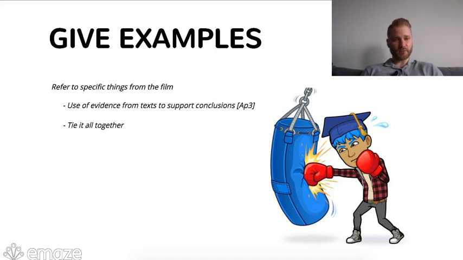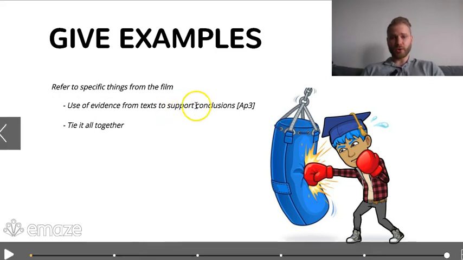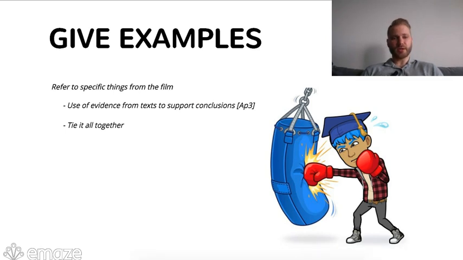So you're making your review, you're making your evaluation or your conclusion about something, and then you're using your evidence, as in you're explaining something that happened from the film that backs up what it is you're analyzing. That's using evidence. So you're tying it all together.